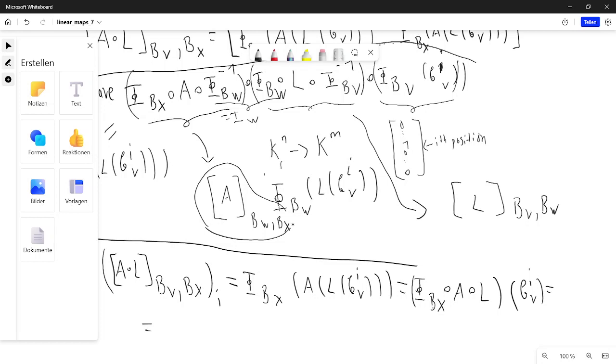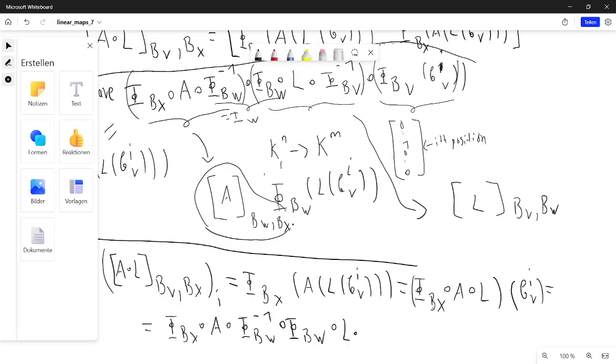and, well, if we insert identities, nothing changes. Phi B_X multiplied by A multiplied, I'm calling it multiplied, even though it is application of a map, but you see why. Right, now you should see why.